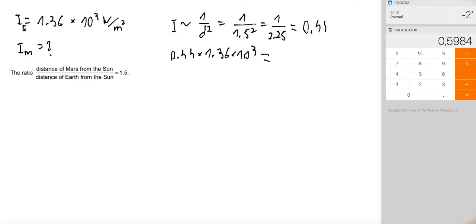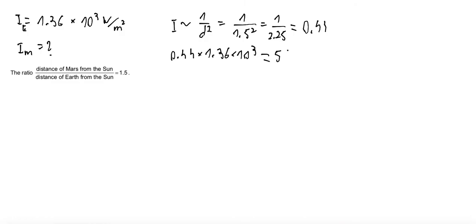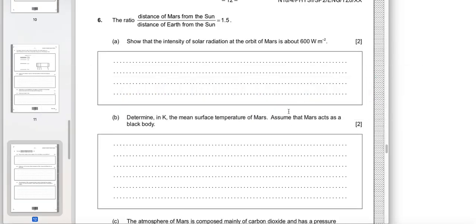So this is 598, approximately 600 watts per square meter, and this is the answer.